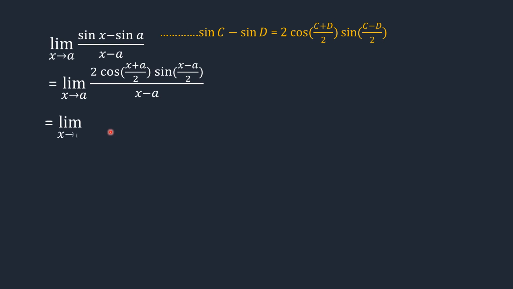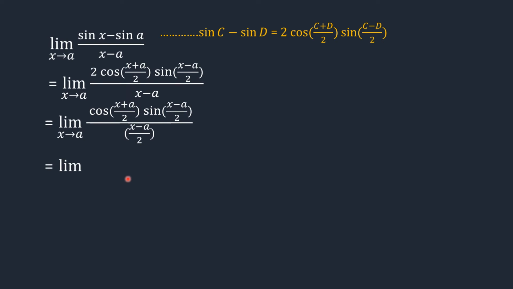In the next step, what we will do, we will bring this 2 below this x minus a and write x minus a over 2. Now this x minus a over 2 is the same as the angle in sin x minus a over 2. Now we can write two separate limits, one for this term and another for this part.